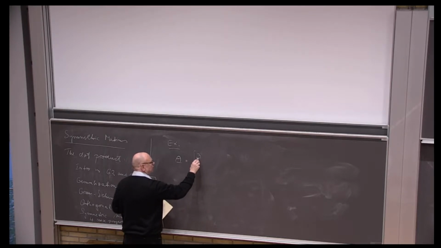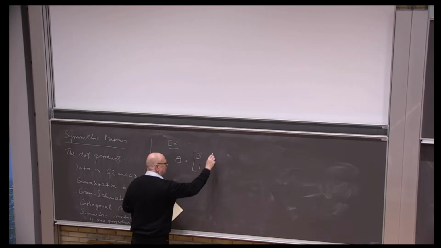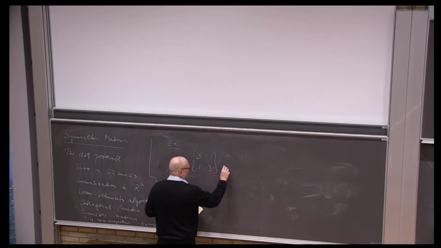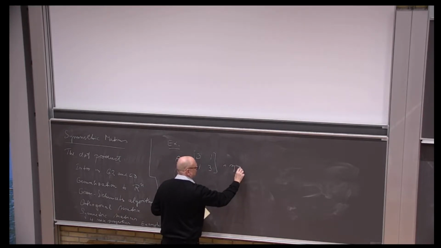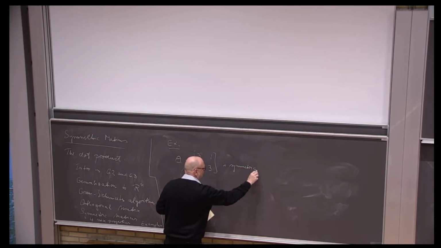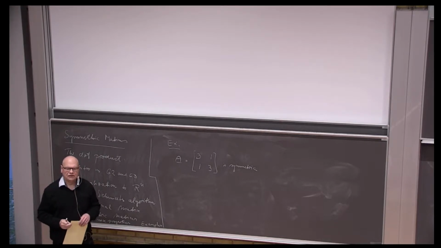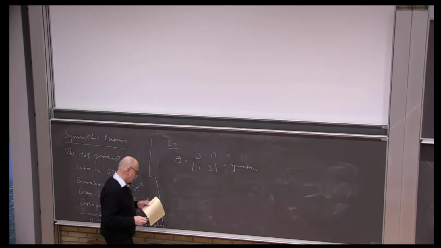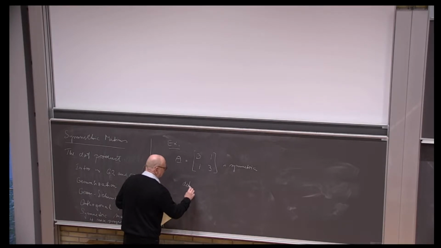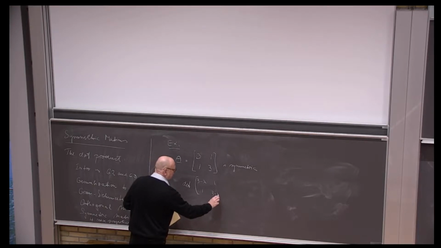The example is simply this symmetric matrix. You have 3, 1, 1, 3. And it's obviously symmetric. And you want to calculate the eigenvalues for this matrix. And you take the determinant of 3 minus lambda, 1, 1, 3 minus lambda.